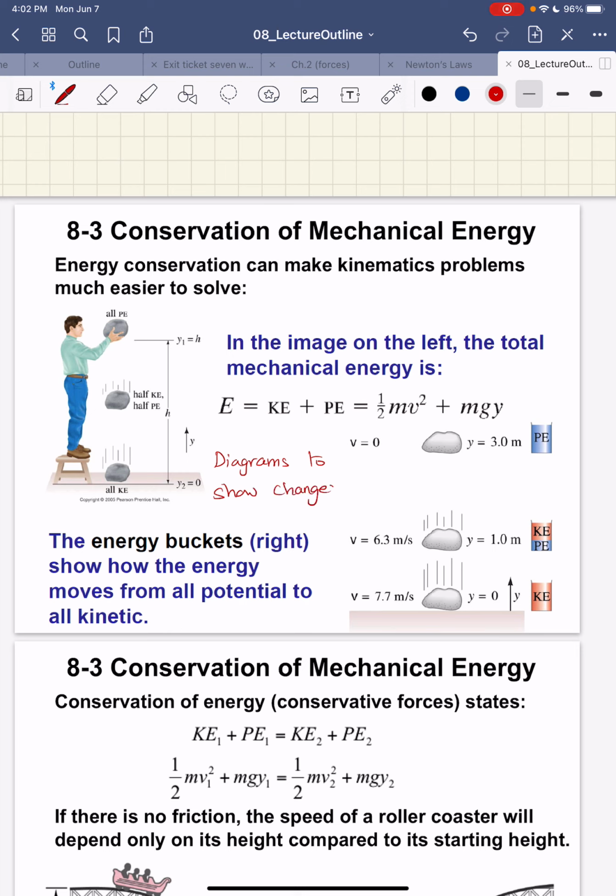changes in energy. Then, if we have a stone or whatever at y equals 3 meters, and it is at rest, then all I have is potential energy. Here we have what we call energy buckets, or sometimes what are called energy bar diagrams. You are familiar, I believe, with bar diagrams.